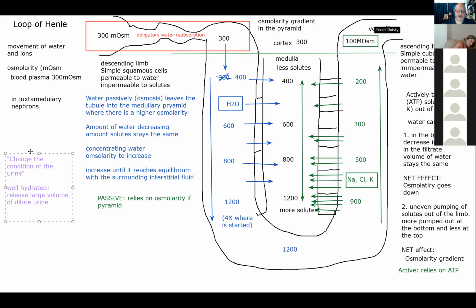However, what happens if we're poorly hydrated? Do we want to lose a lot of water from our body in the form of urine? No. No, we want to be able to reabsorb more water. And as a result of that, we are going to have a smaller volume of more concentrated urine.